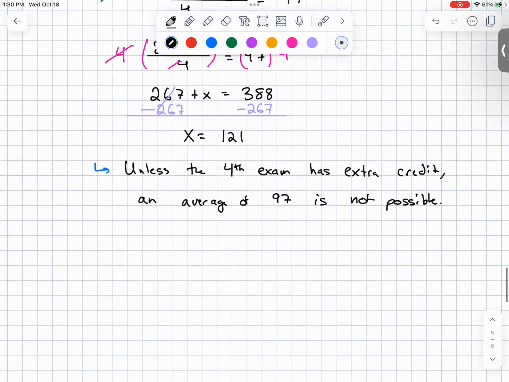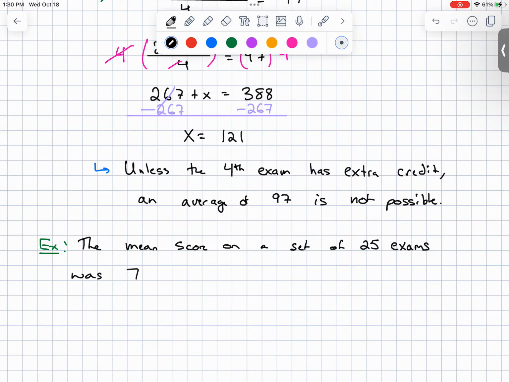Another example, and I'm only doing this one because it's a question on your homework. The mean score on a set of 25 exams was 79.2. What is the sum of all the exam scores?